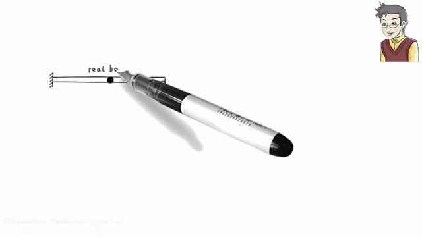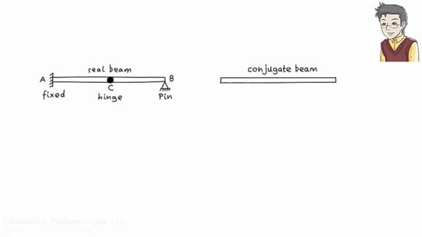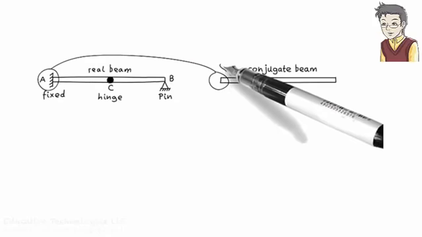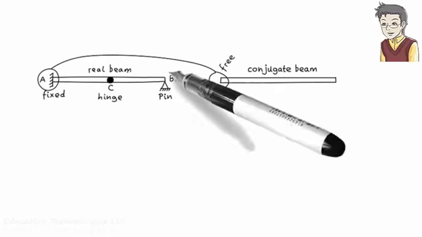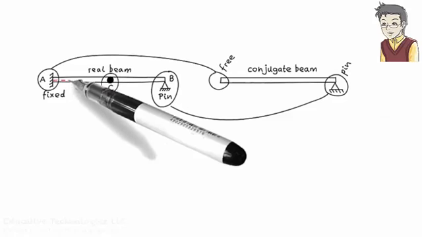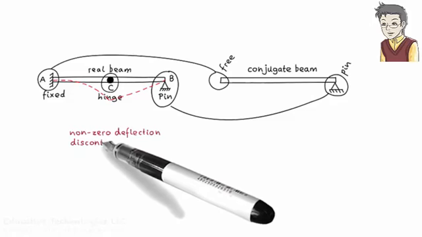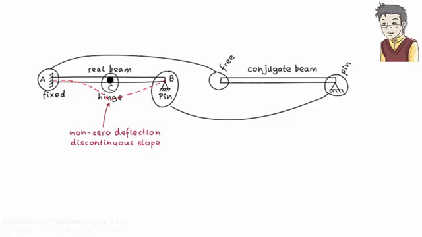So what if the real beam looks like this? Can you draw the conjugate beam for it? This turns into a free end. This remains the same. And this? Well, here the beam has a deflection, and the slope of the elastic curve is non-zero and discontinuous.